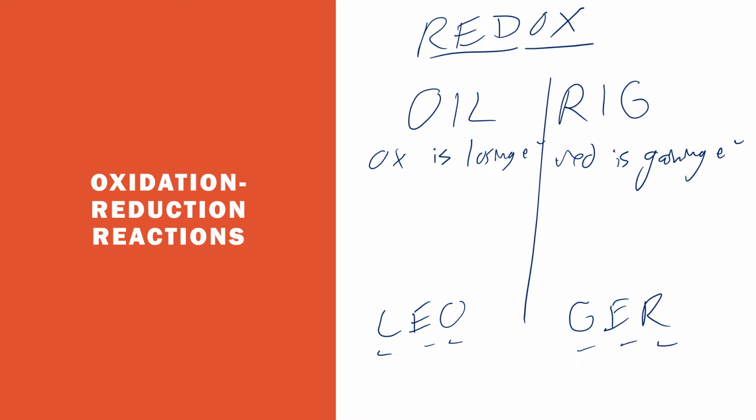And as long as there is some kind of transfer or change in the number of electrons in any given substance, that is a redox reaction. If there's no change in the electrons, then it is not a redox reaction. Typically, double replacement reactions are not redox reactions, but the other four types are redox reactions.